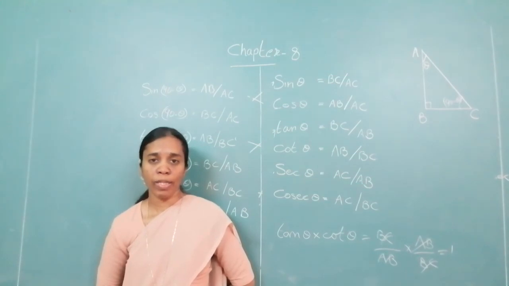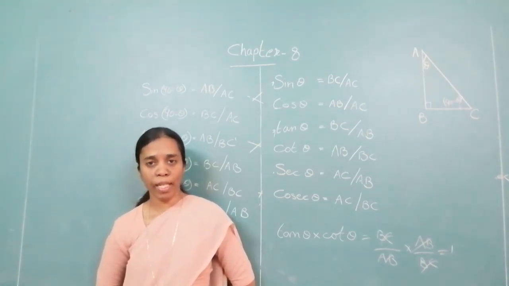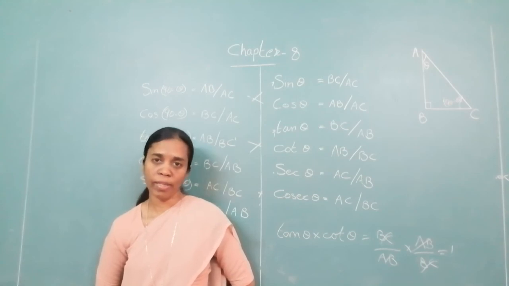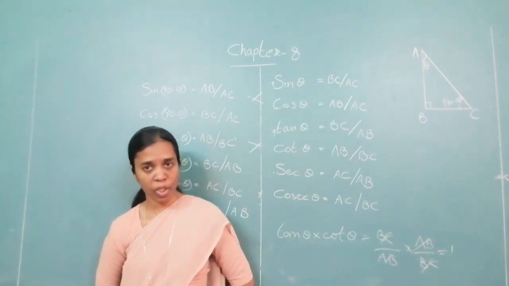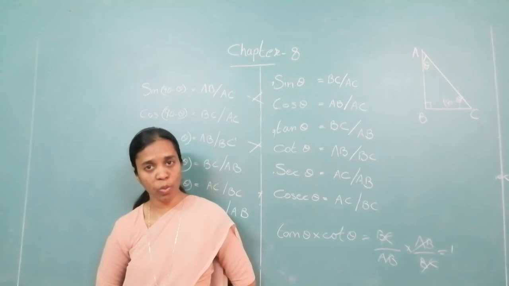Today we have seen the trigonometric complementary angle ratios. Sin theta is equal to cos 90 minus theta, cos theta is equal to sin 90 minus theta, tan theta is equal to cot 90 minus theta, cot theta is equal to tan 90 minus theta, sec theta is equal to cosec 90 minus theta, cosec theta is equal to sec 90 minus theta. Sin upon cos equals tan, cos upon sin equals cot. Tan theta into tan 90 minus theta is equal to 1. Cot theta into cot 90 minus theta is equal to 1.